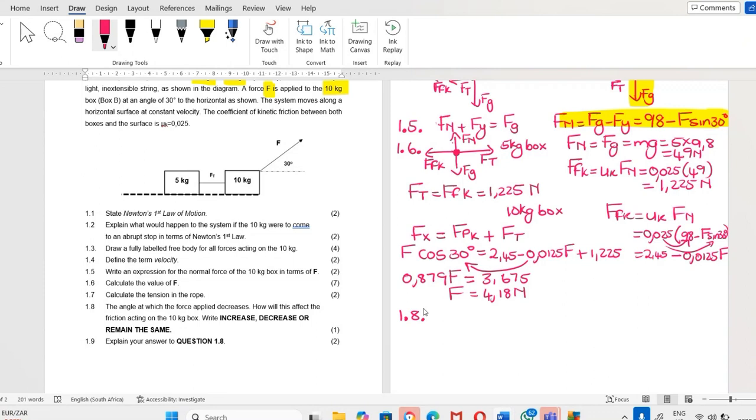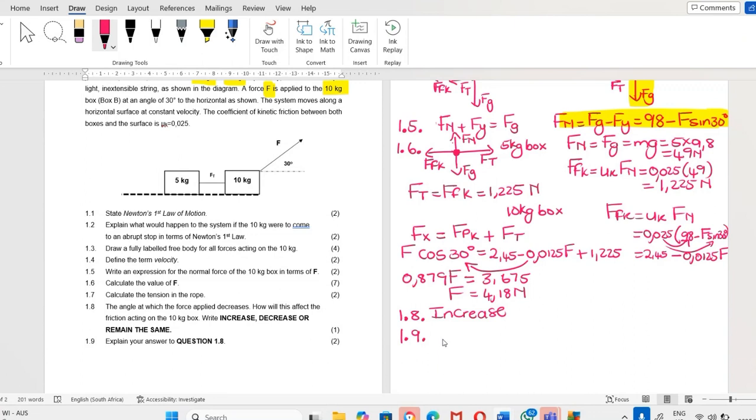How will this affect the friction acting on the 10 kg box? And so obviously the friction should now increase, right? The friction should now increase. The reason why the frictional force is increasing is requested in question number 1.9.